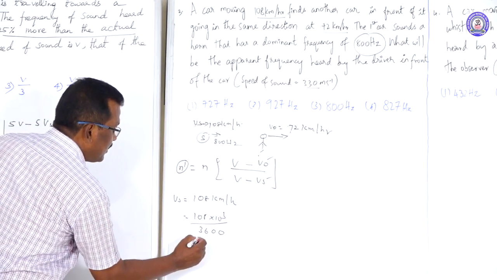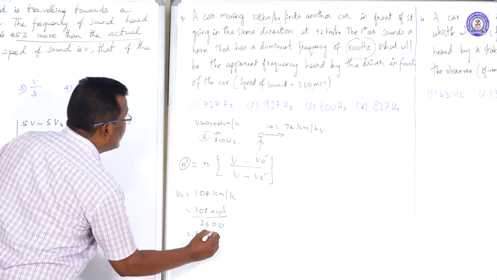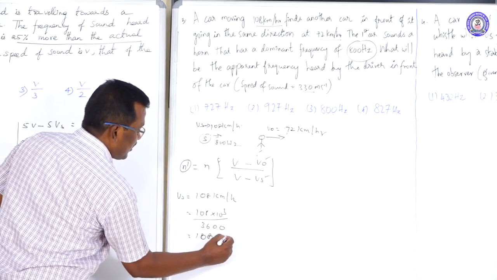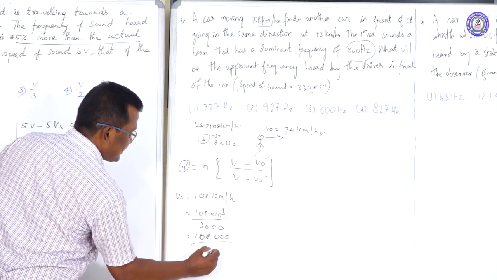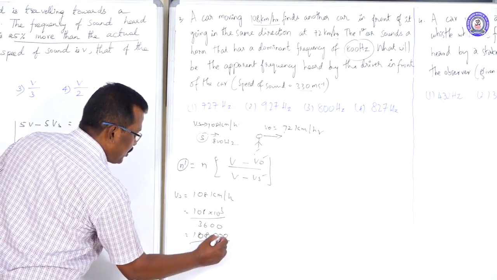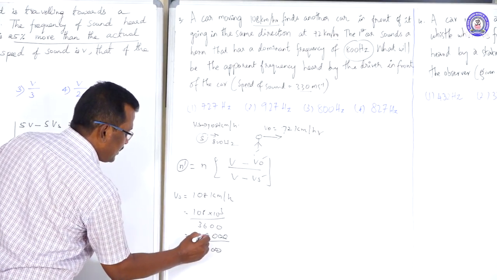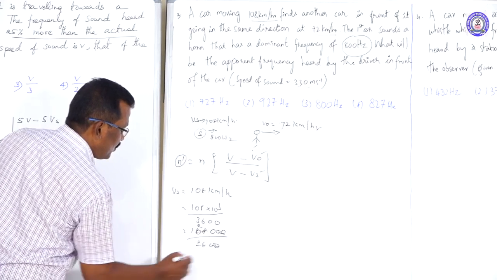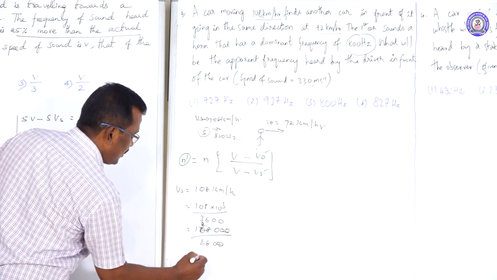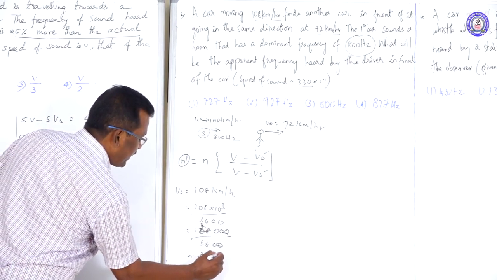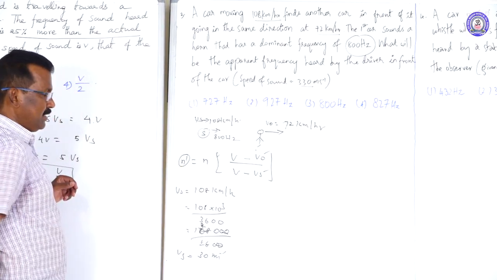108000 divided by 3600. The zeros cancel, so 30 meters per second. VS is calculated.